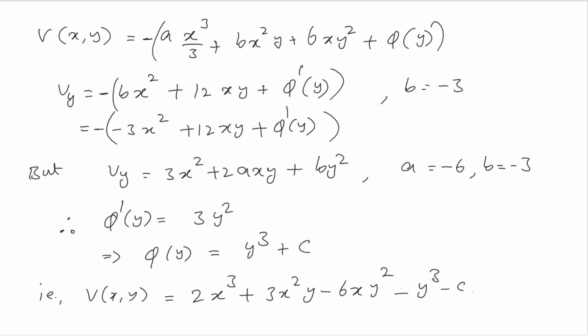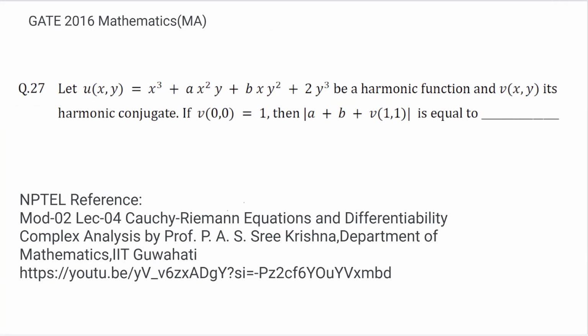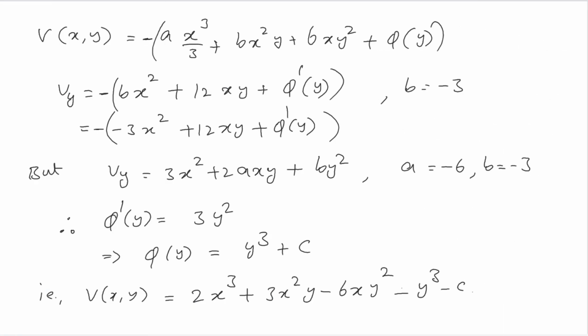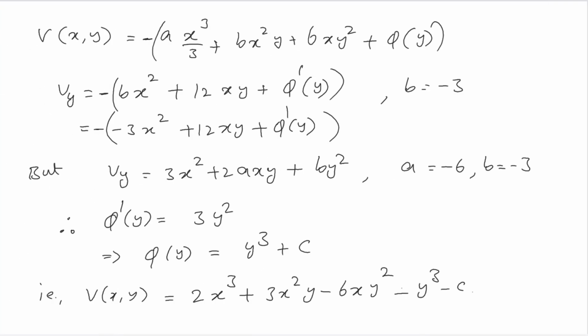But it is given one more extra condition that v of 0 comma 0 equal to 1. So from this we get the value of c exactly. Since v of 0 comma 0 equal to 1, c is equal to minus 1 from this expression.